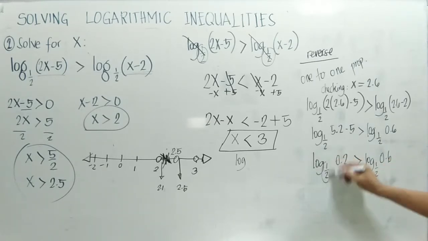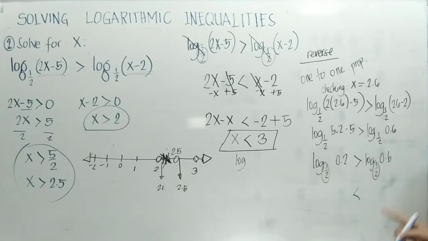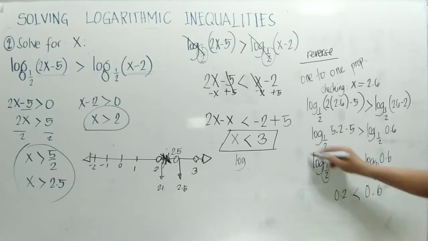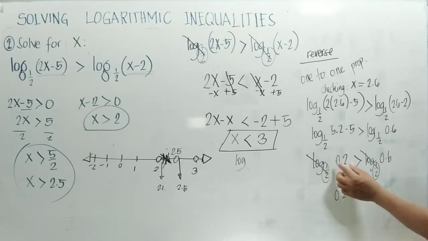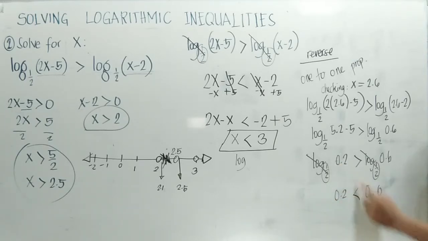So if you can see, we are dealing with fractions. So therefore, the inequality symbol will be reversed, and we have 0.2 is less than 0.6, because the logarithms will be disregarded and we have to solve for 0.2. Reverse, is less than 0.6. So this is correct. Okay?